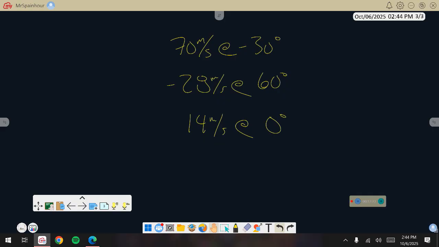There's A, there's B, and there's C. Once you're done with all the individuals, the final vector or resultant is an arrow that goes straight from the beginning straight to the end. That's the resultant, that's our total, and that's what we're going to get our final answers off of.